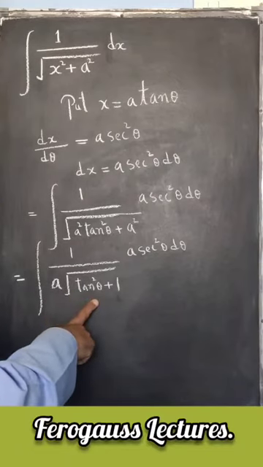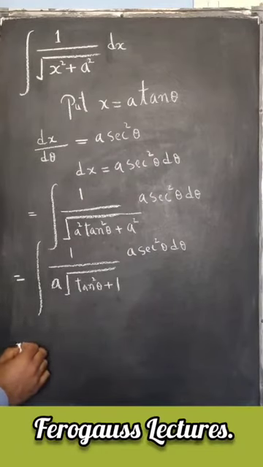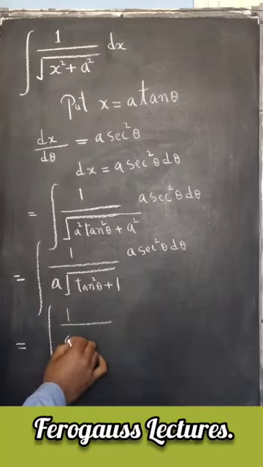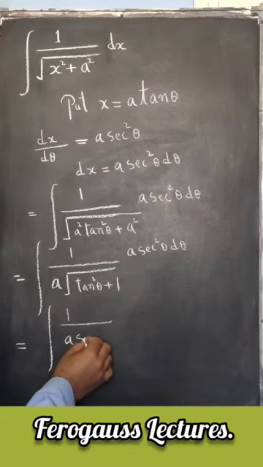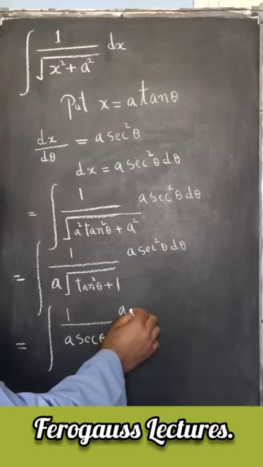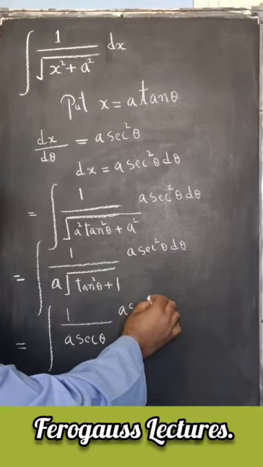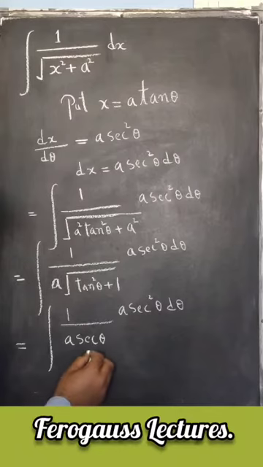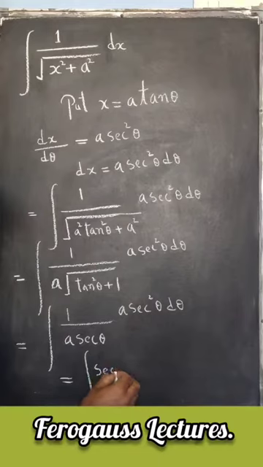Square root of secant square theta is equal to secant theta, so we get integral 1 by a secant theta, a secant square theta d theta, which is further equal to integral secant theta d theta.